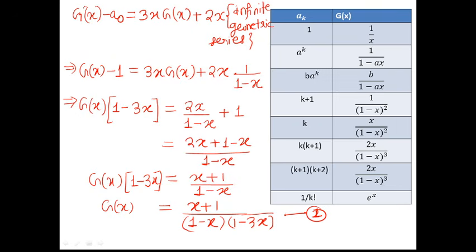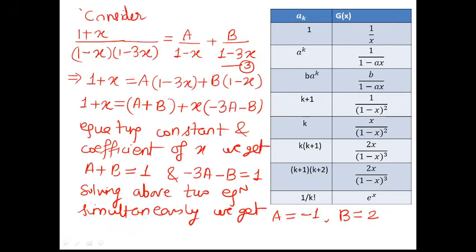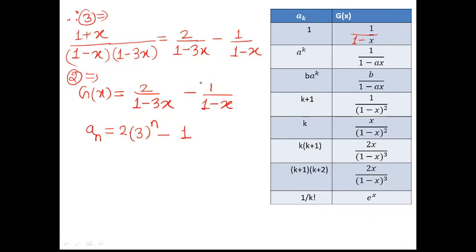Once we get this, you apply the standard formulae and collect the terms of g of x. Then you will get the expression wherein we have to apply the partial fraction method, which we have already studied. Apply your method of solving this expression, get the values of a and b, and then we have the form wherein we can use the standard formula. Using this standard formula, you will get the required solution.